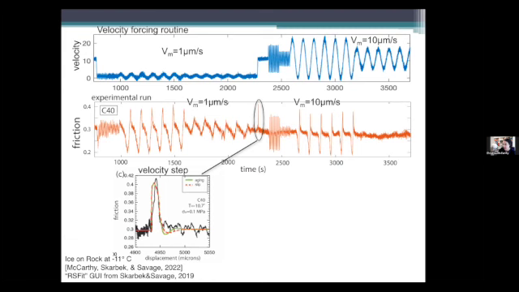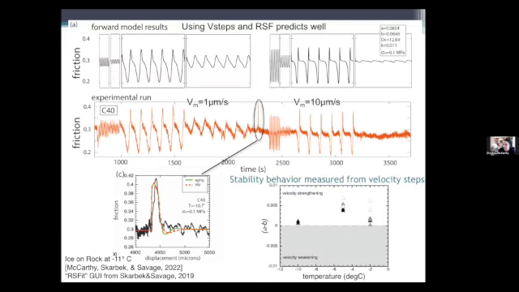And interestingly, when I first got this data, this seemed somewhat random or surprising, but it turns out you can use that rate state information and predict it.